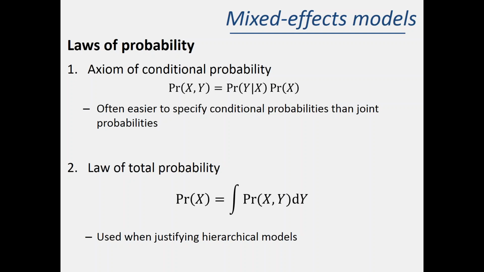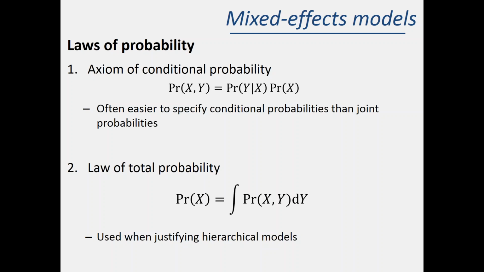For other people, they want to see a derivation of how that works. That derivation can basically be derived from these two different rules, which again have some intuition associated with them. I refer to the first as factoring, the axiom of conditional probability, where you break a joint distribution into a marginal distribution and a conditional distribution.